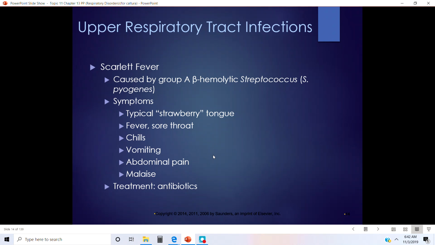Okay, so the last upper respiratory tract infection you want to take a look at is a bacterial infection, and it's known as scarlet fever. This is caused by a group A beta hemolytic streptococcus. An example of this is Streptococcus pyogenes. And what you see is this characteristic strawberry tongue.